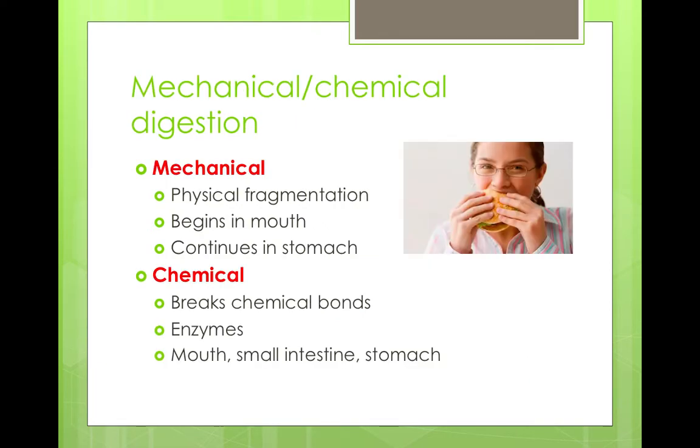Now, digestion is comprised of two main processes, mechanical and chemical digestion. They work together by breaking down the nutrients in food to manageable pieces to be processed by our bodies. Now, mechanical digestion is like it sounds. It's the physical fragmentation of food that begins in the mouth when you start to chew your food.